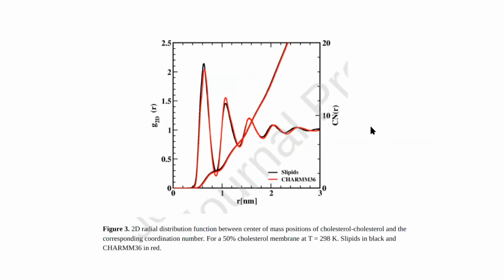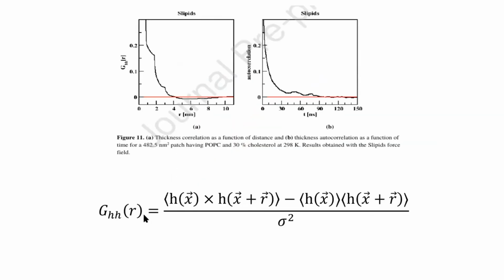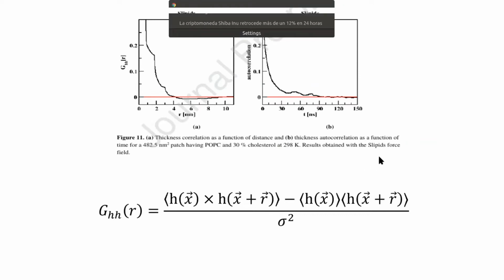Okay, and also this is the height correlation function. What we want to see is whether the membrane is homogeneous in a statistical manner. Okay, and we see how this is the autocorrelation. This is in time, and this is in distance. And the fact that you get this line here, a bit here, is that you are getting domains.